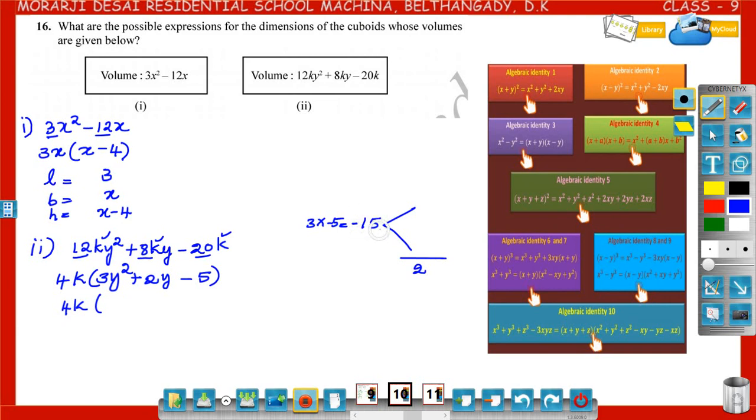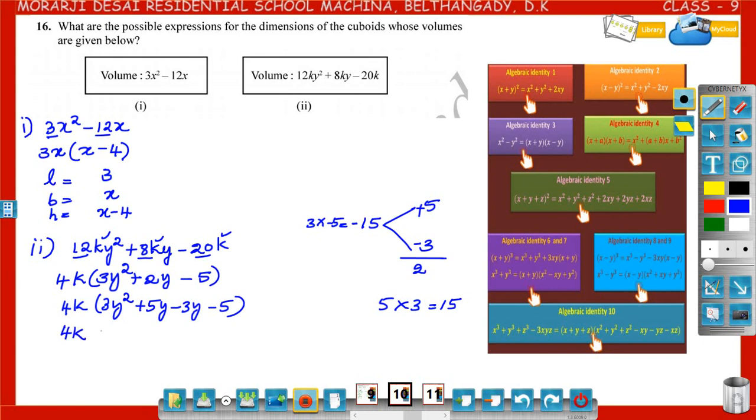You have to find two numbers such that their product is 15 and their difference is 2. The two numbers are 5 and 3. Here plus 5 minus 3, because plus 5 minus 3 is equal to plus 2, and plus 5 into minus 3 is equal to minus 15. So 3y square plus 5y minus 3y, then the last term as it is.